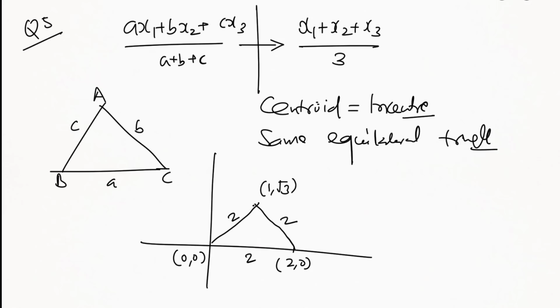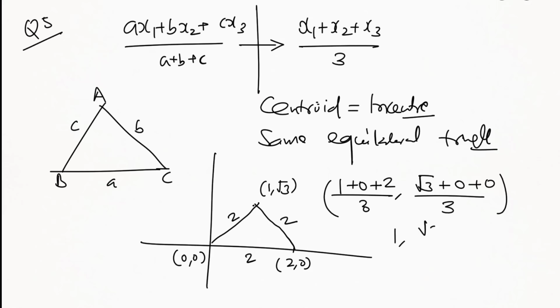Since this is an equilateral triangle, you can just add the coordinates and divide by 3. 1 plus 0 plus 2 over 3 and root 3 plus 0 plus 0 over 3. So this becomes 1 and root 3 over 3. You can simplify this also: 1 and 1 over root 3. Although you can use the formula also, you will get the same result.